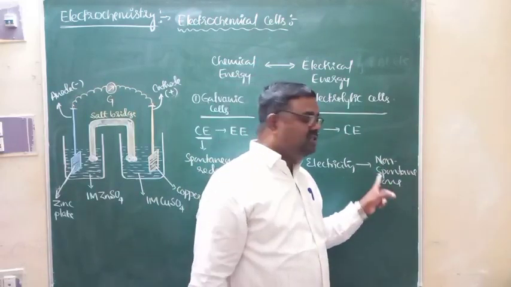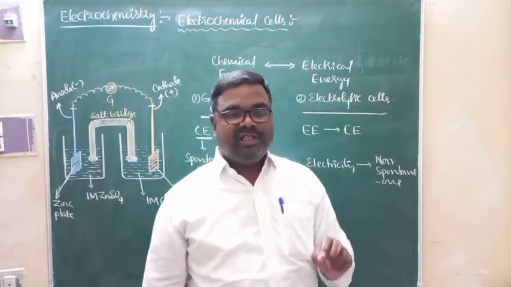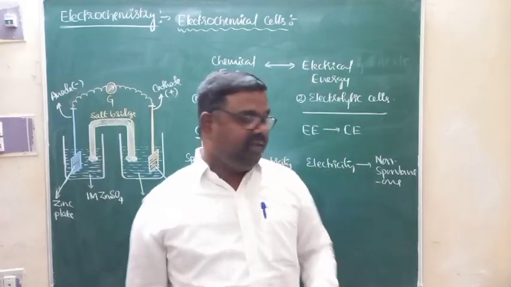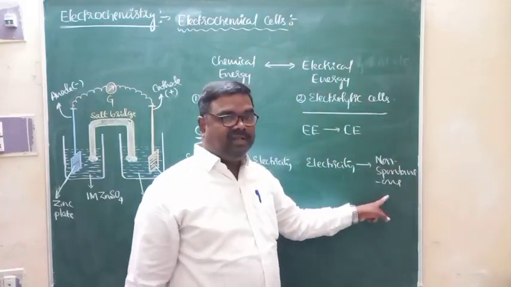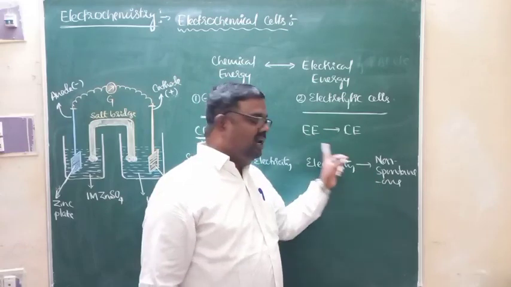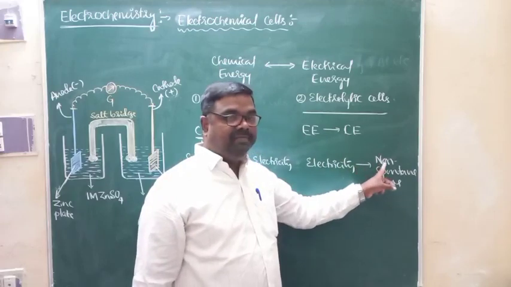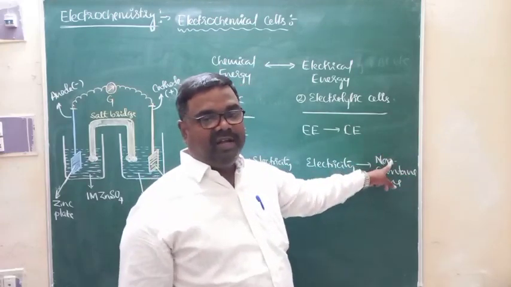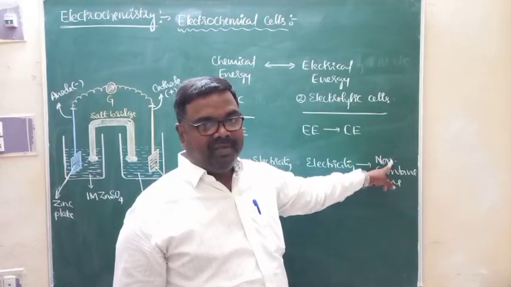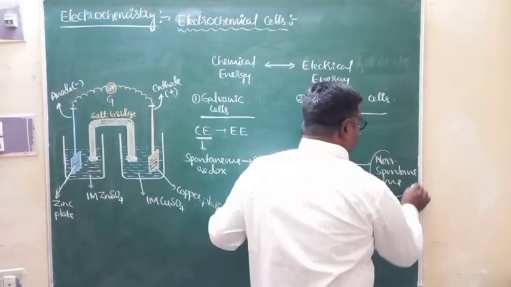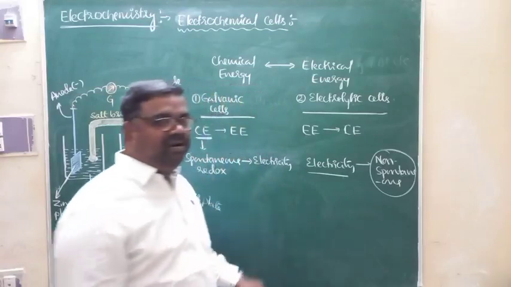Non-spontaneous redox reactions are the redox reactions which take place only in the presence of external forces. That means these are the redox reactions which take place only when electricity is passed through them. As long as electricity is passed through them, the chemical reaction is going on. Otherwise, the chemical reaction will stop. That is, I can make use of electricity in order to bring about non-spontaneous redox reactions.